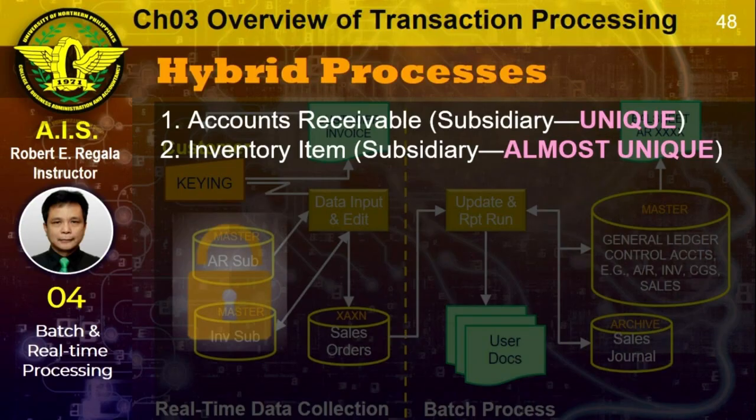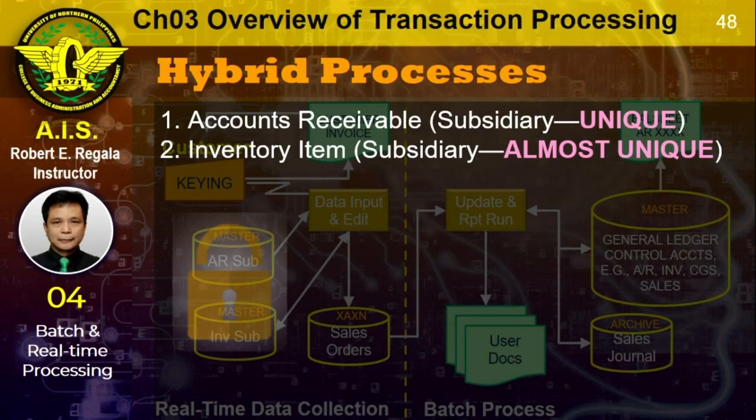Updating the inventory subsidiary record is almost unique because it is possible that both Juan and Maria are independently purchasing the same item at the same time, but at different branches of the organization. Maria may be kept waiting a few seconds until Juan's transaction releases the lock on the inventory account.